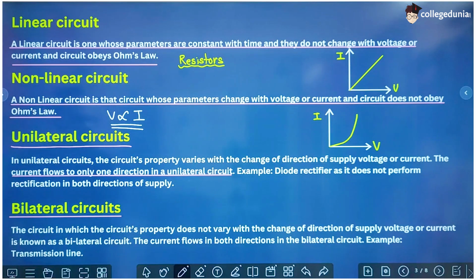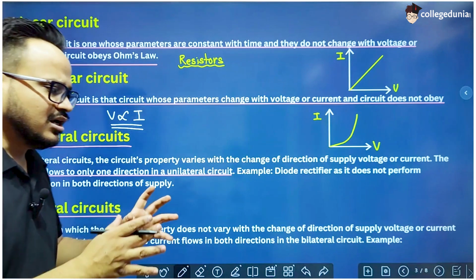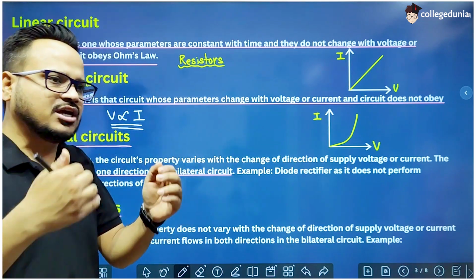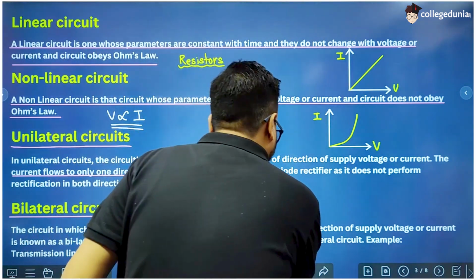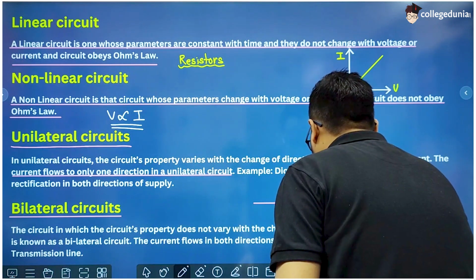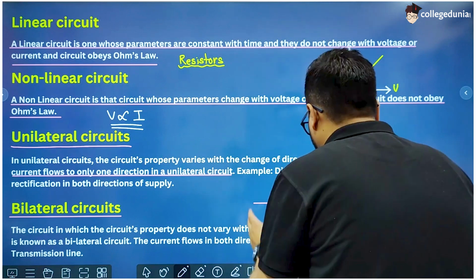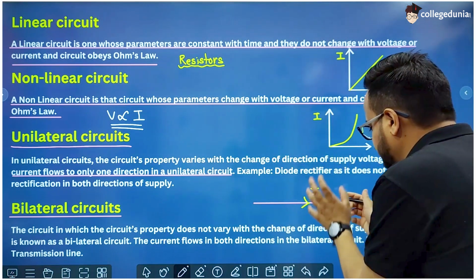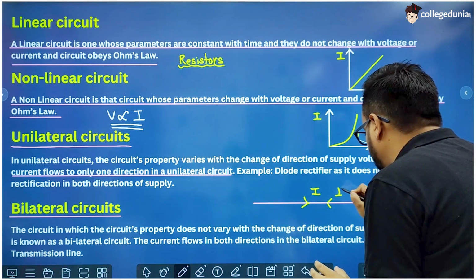Second type are bilateral circuits, in which the current can flow in any direction. It can go from, suppose this is a circuit, so current flows in any direction. It can go from this end to this end, or if we change the voltage, it can also go from this end to this end.